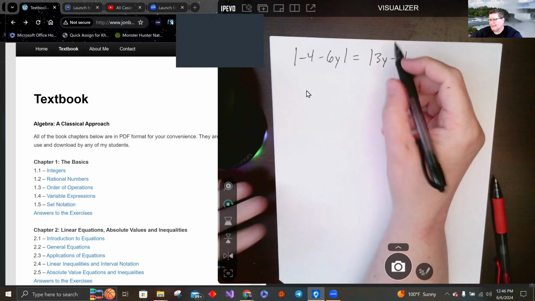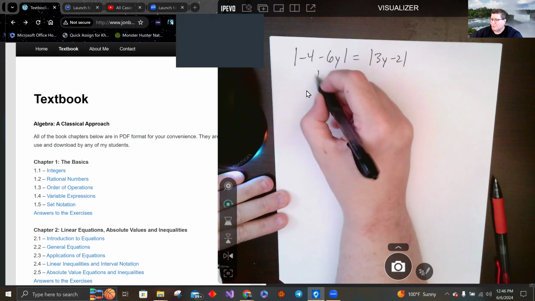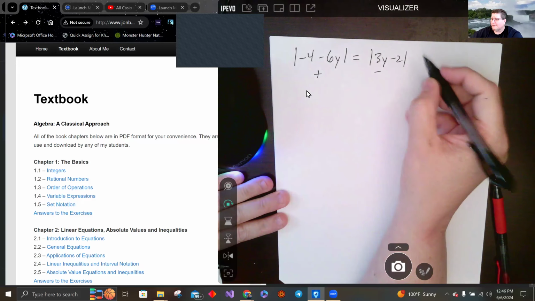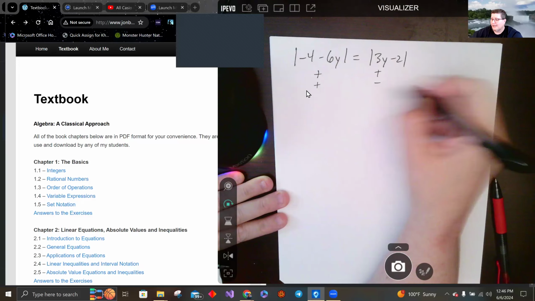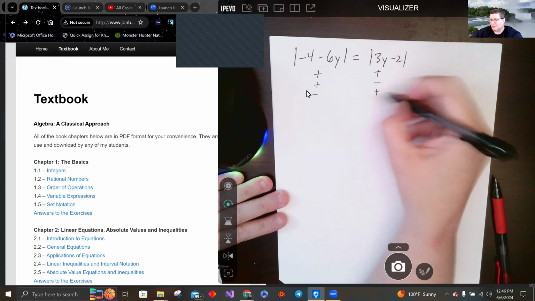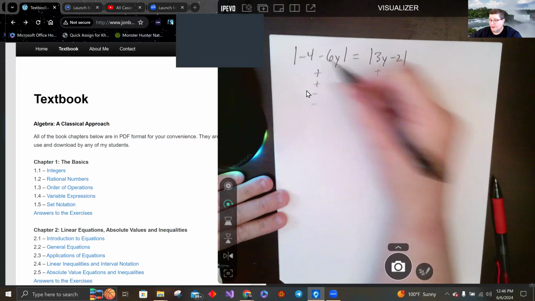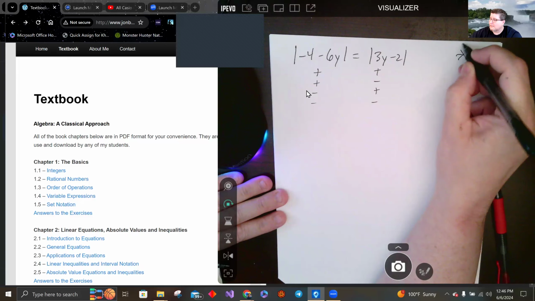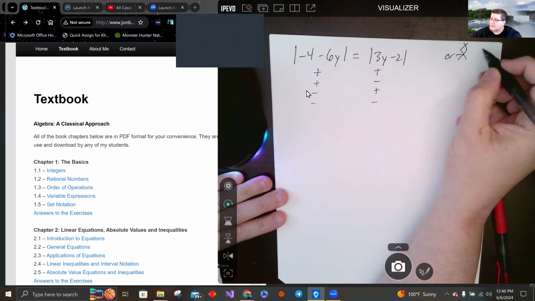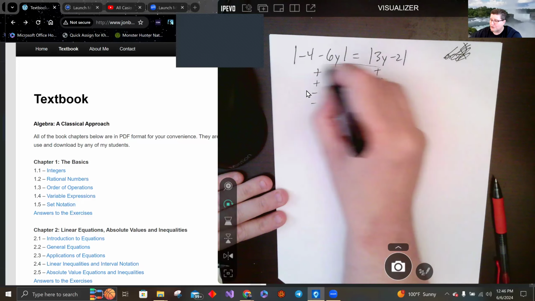I mean, there's four ways this could go. This one stays positive and that one stays positive, this stays positive and that's negative, this one's negative and that's positive, and this one's negative and that one's negative. So we do this because it's x or negative x. But they all boil down to having ones that match and ones that don't.